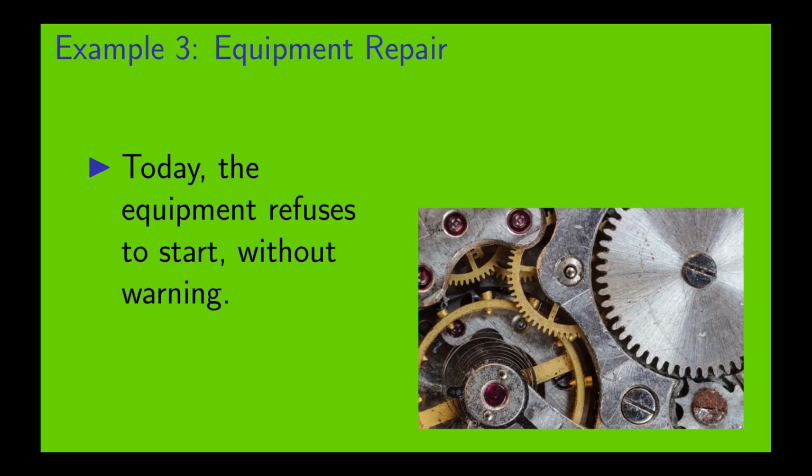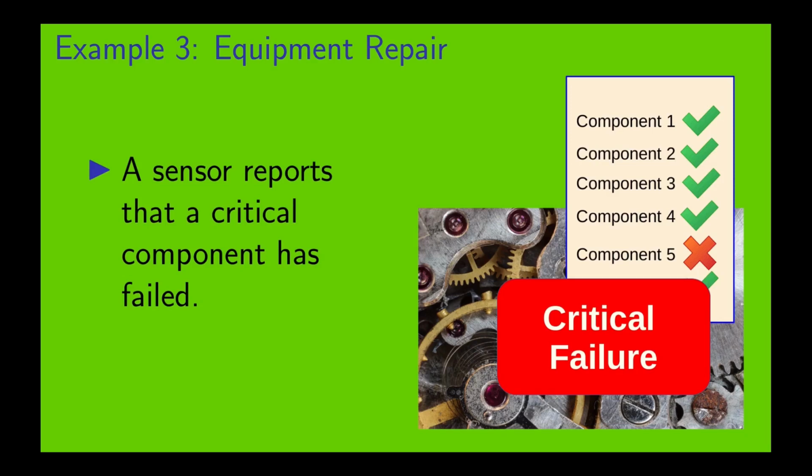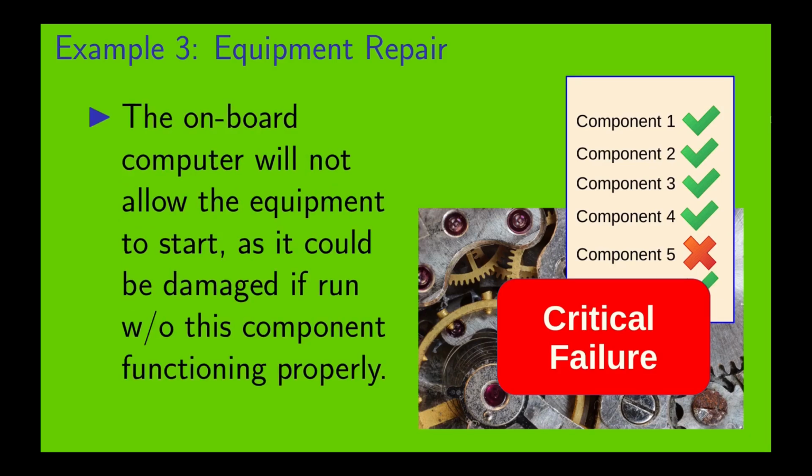But today, the equipment refuses to start without warning. A sensor reports that a critical component has failed. The onboard computer will not allow the equipment to start, as it could be damaged if run without this component functioning properly.